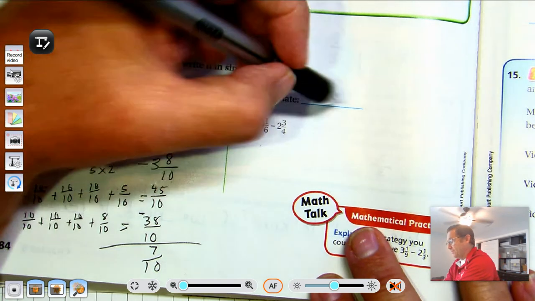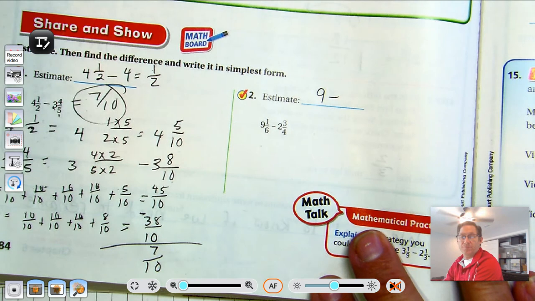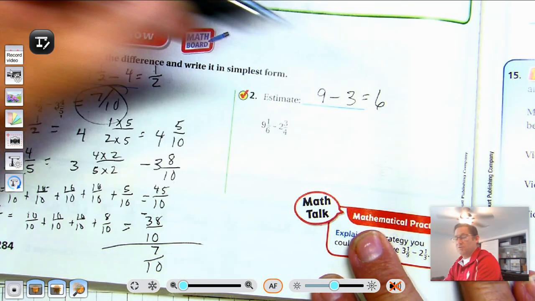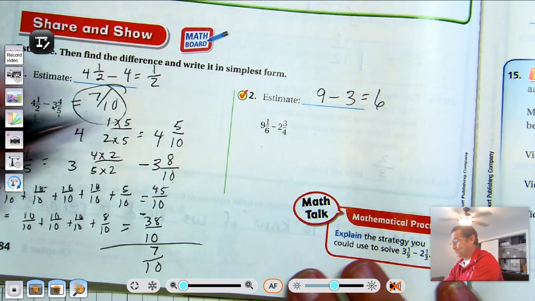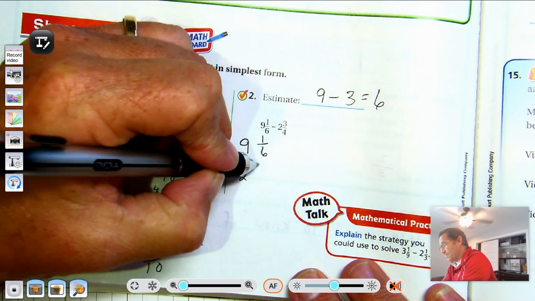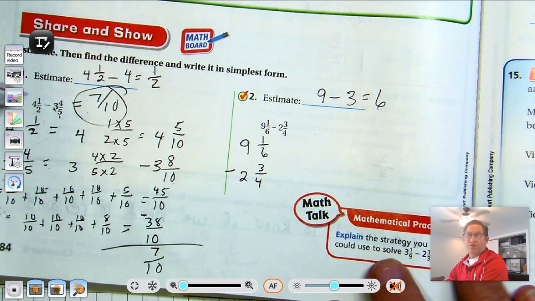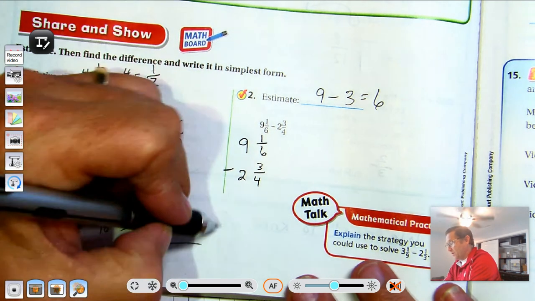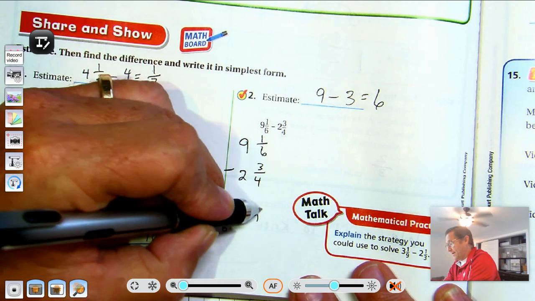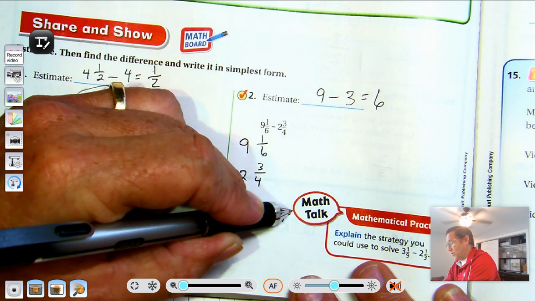Right. Now in this one, 9 and 1/6, an estimate would be 9 take away 3. So we expect an answer close to 6. So 9 and 1/6 minus 2 and 3/4. So let's find a common denominator. 4, 8, 12, 16, 20.